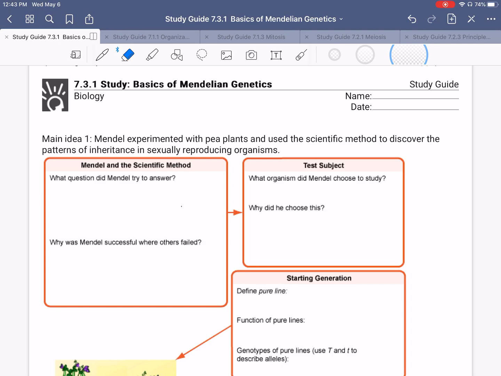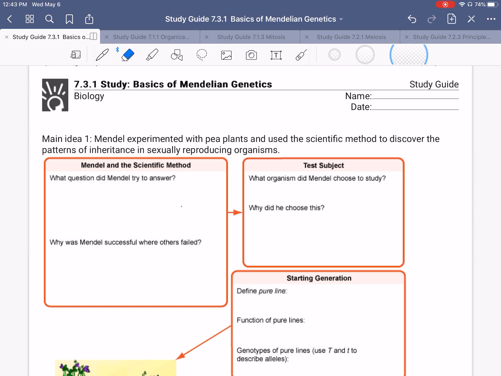And here we have a picture that demonstrates this blended theory, which was false. A tall and a short plant might end up with a medium plant. We saw something similar to this in a previous video when we talked about dominance, incomplete dominance, and codominance. This is pure dominance.